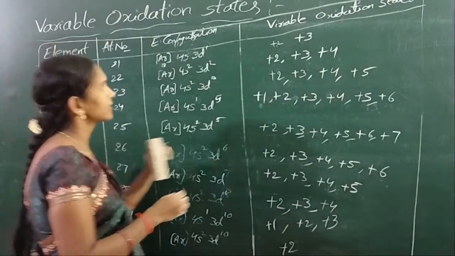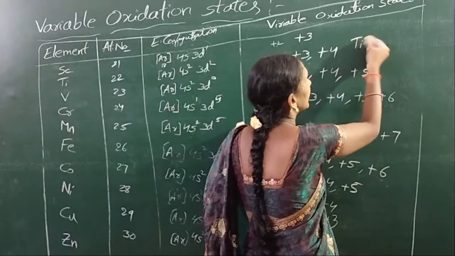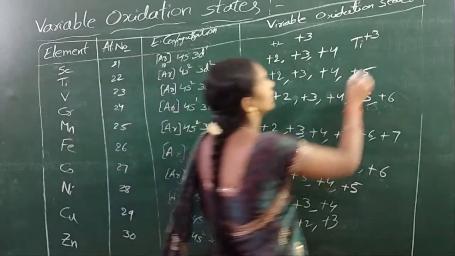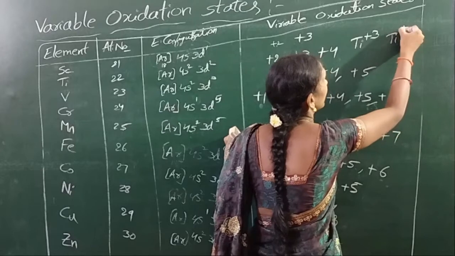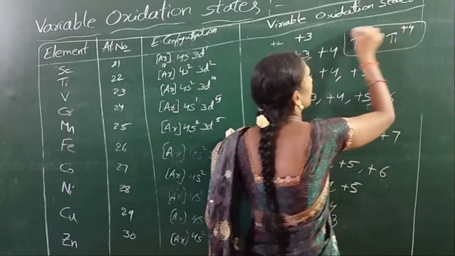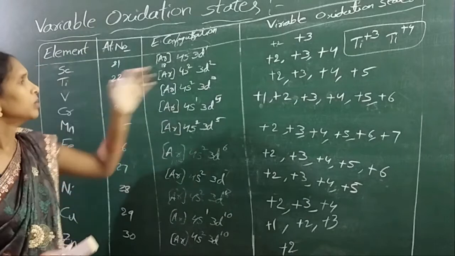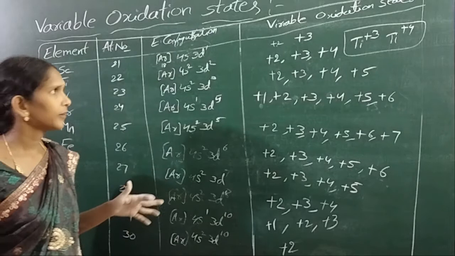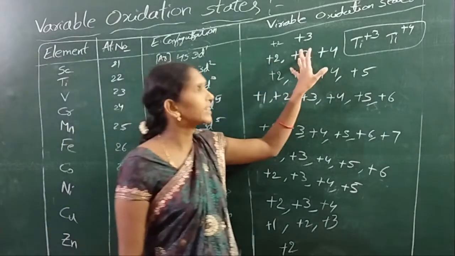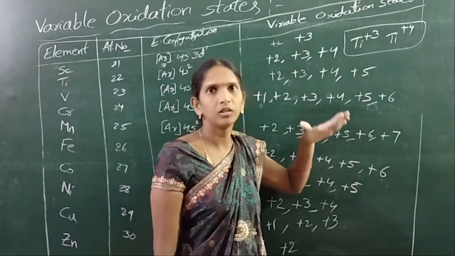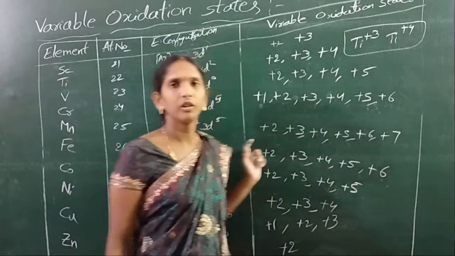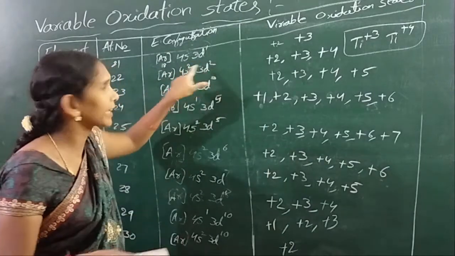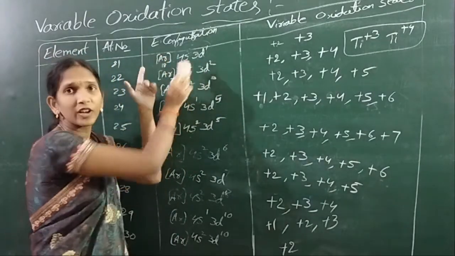Okay, that means titanium +3 is less stable than titanium +4, because if I remove 3 electrons, then it gets argon 4s1 configuration.